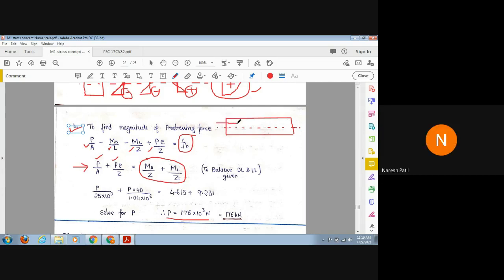If the tendon is on the upper side, here we have the pre-stressing force, and here we have the eccentricity. So the force, how is it applying? P into E. The force is applying like this. How will it bend? Sag. Yes, very good. It will bend like this.